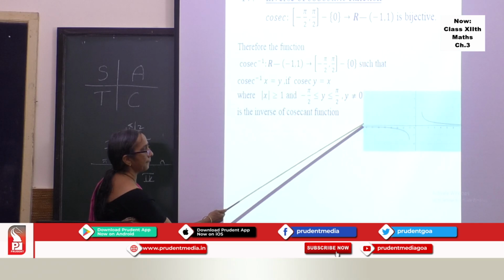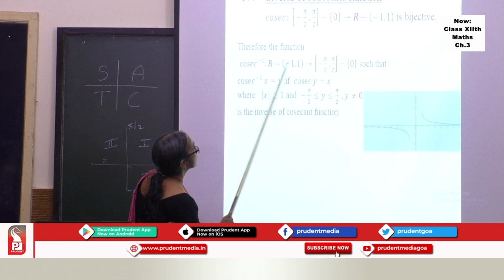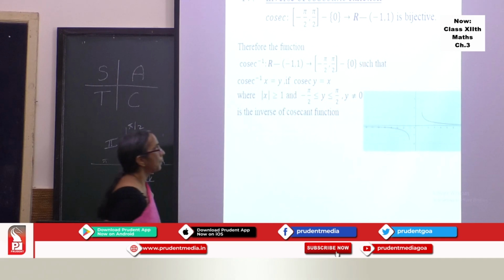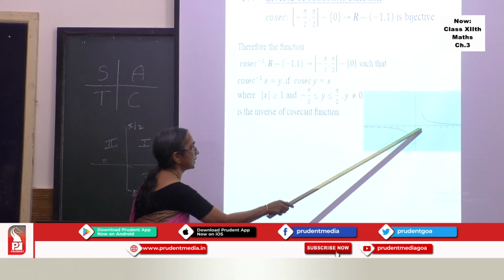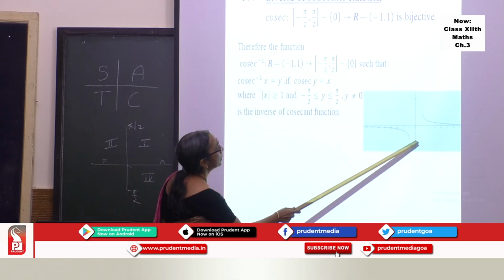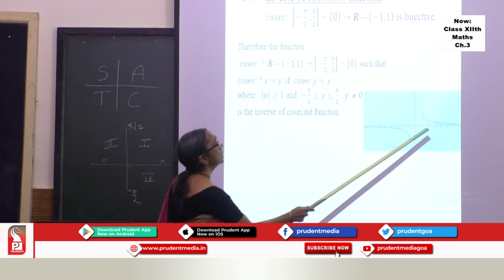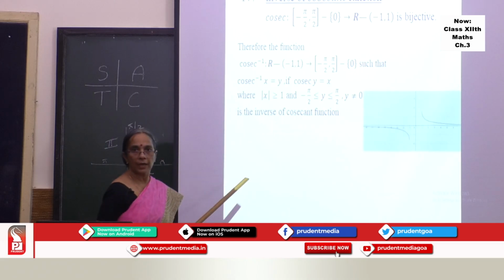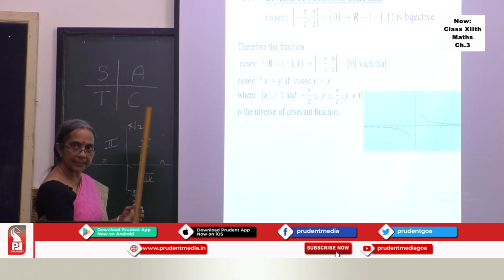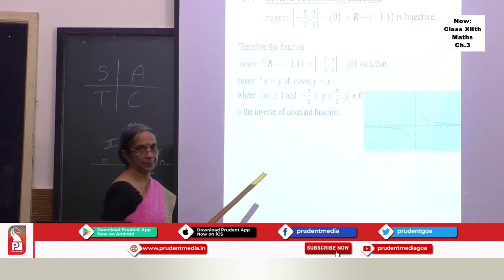It is not ending here. And the y value is between minus pi by 2 and pi by 2, and it is not touching 0. So 0 is removed. This graph is not touching y equal to 0; it goes close to the line y equal to 0 but never touches it. Therefore, y is not equal to 0.